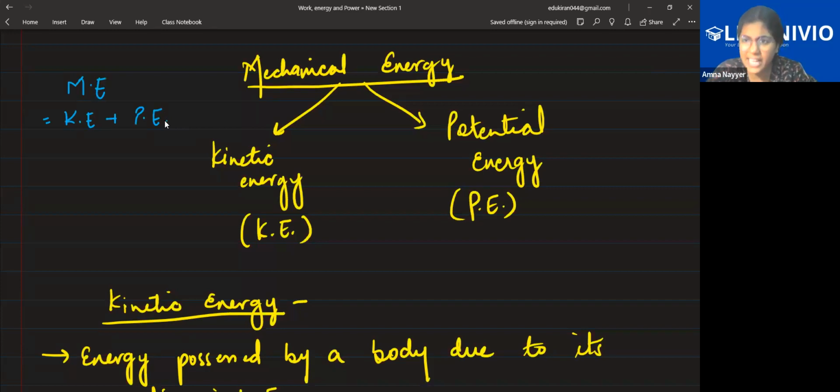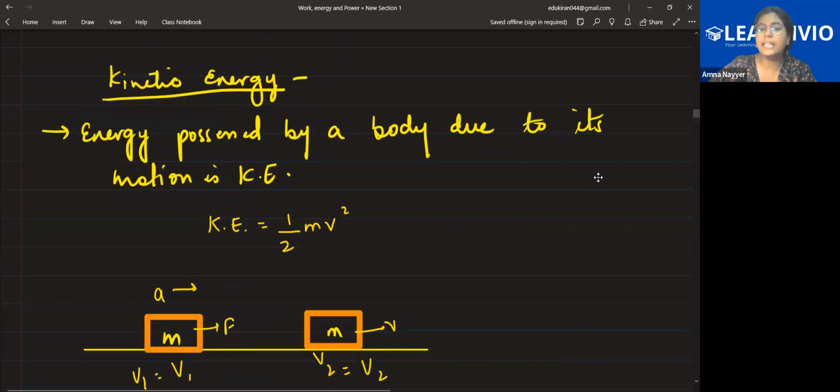Now let's start with kinetic energy. We have time, I think we can complete a bit of kinetic energy. Kinetic energy is the energy possessed by a body due to its motion. It means when the body moves, when there is a movement produced, when the body has a certain initial or final velocity, in those cases we get kinetic energy.